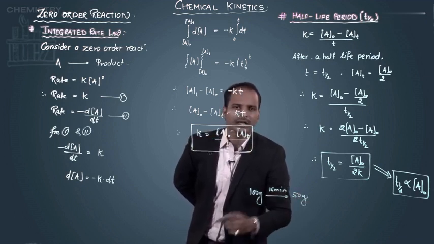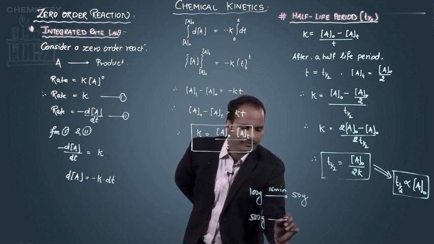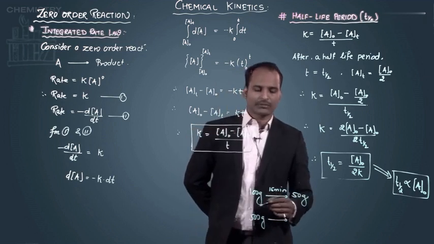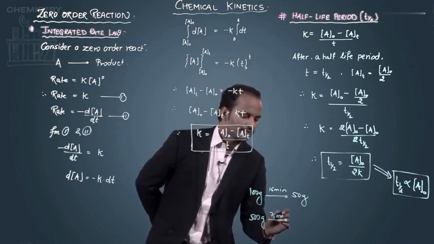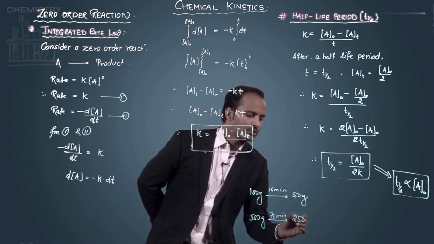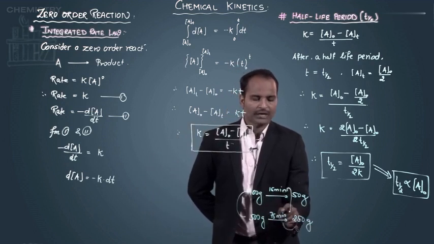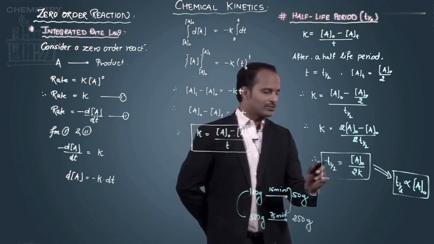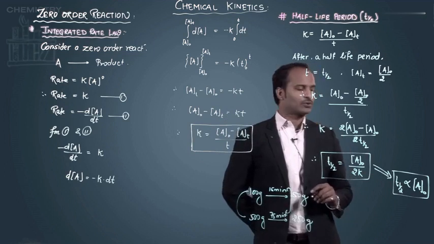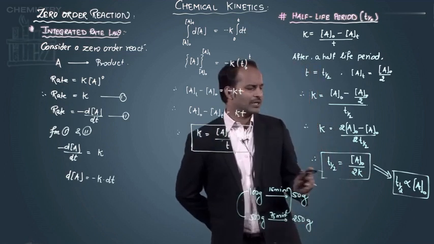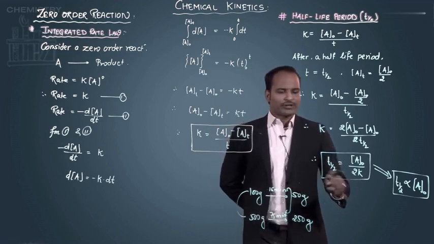But if I change the initial amount, suppose instead of 100 gram I take 500 grams of reactant, then the half-life period also changes. Instead of 15, it will become 75 minutes to reduce to half the amount, that is 250 grams. So if you change the initial amount, the half-life period will also change. That's why we say that half-life period is directly proportional to the initial concentration of reactant, that is A naught.